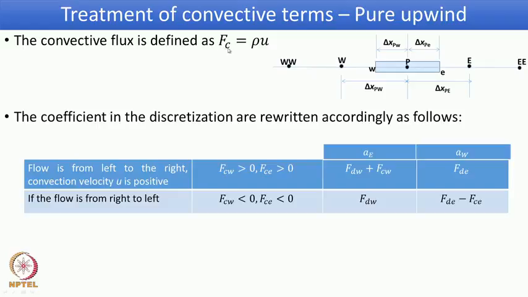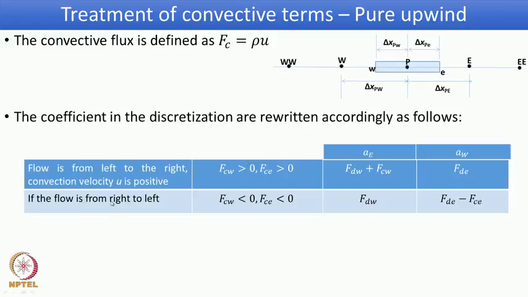So, F c is also positive. So, we write F c w greater than 0 and F c e greater than 0, then we have the coefficients defined accordingly for the east face and east node and for the west node.